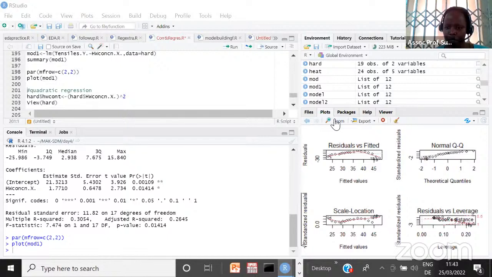Okay, let's look at the plot the way it is, because I'm trying to zoom in and it's not accepting. Probably I have another plot open.